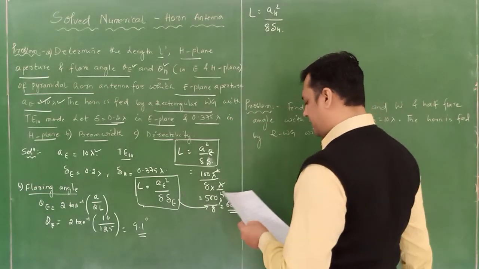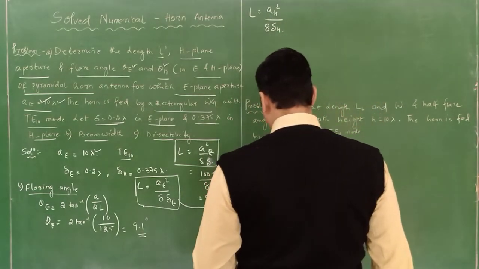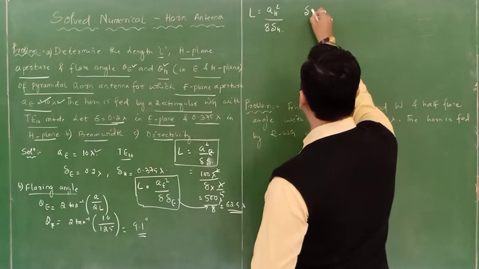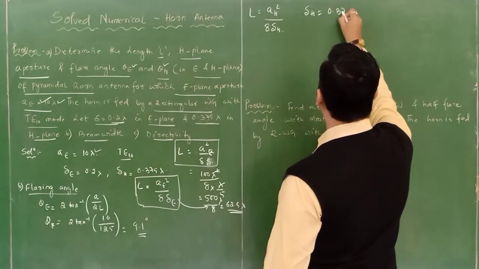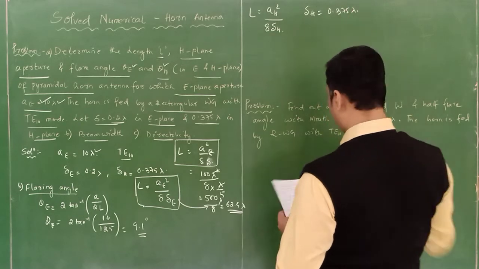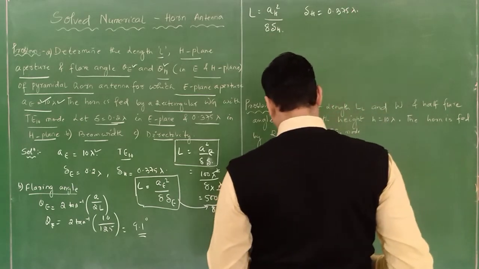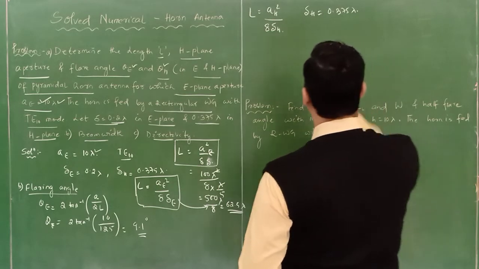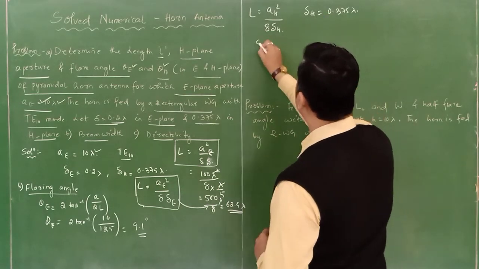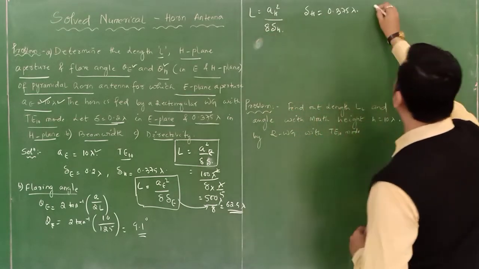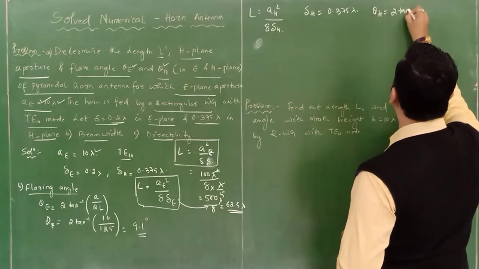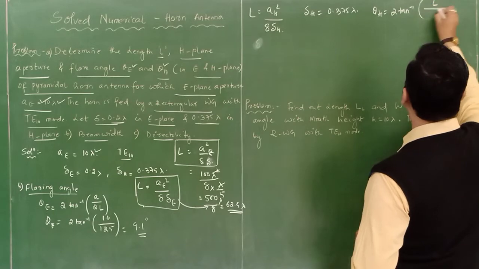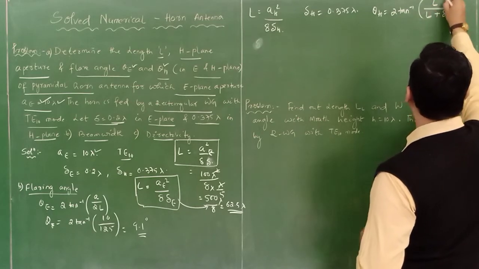Now here, our del H is equal to how much? 0.375 lambda. With respect to this, our theta H is equal to twice tan inverse of L divided by L plus del.